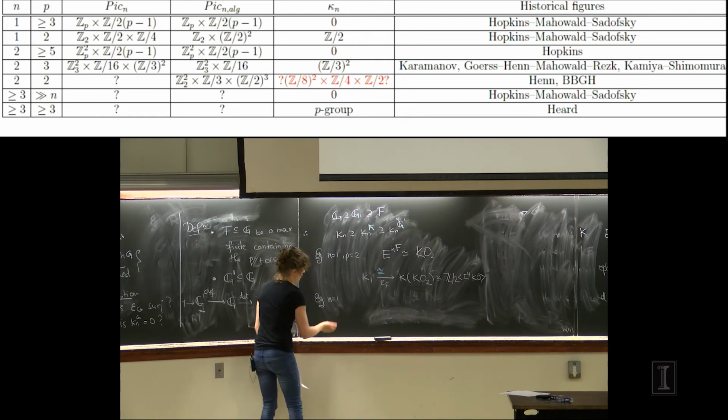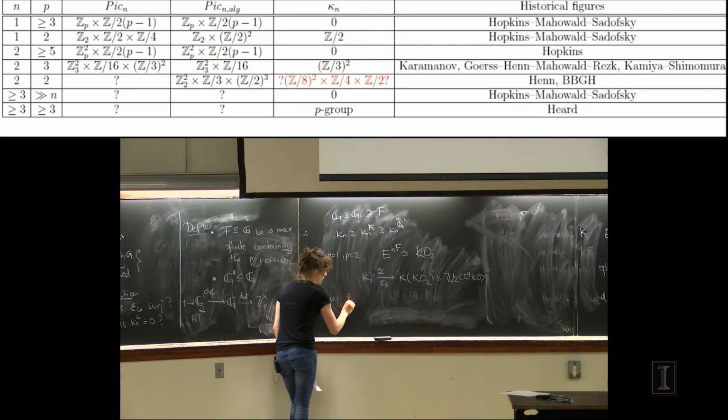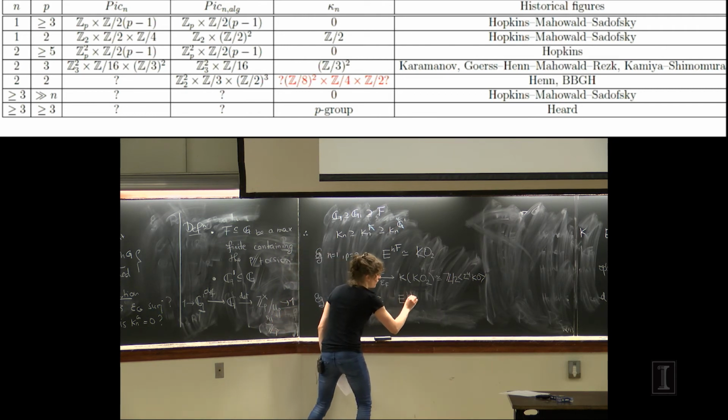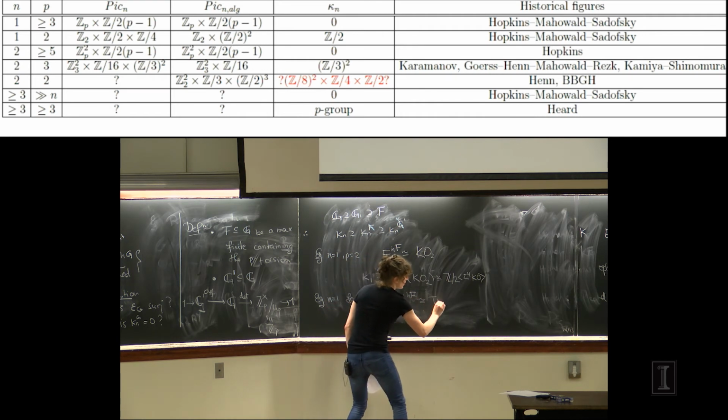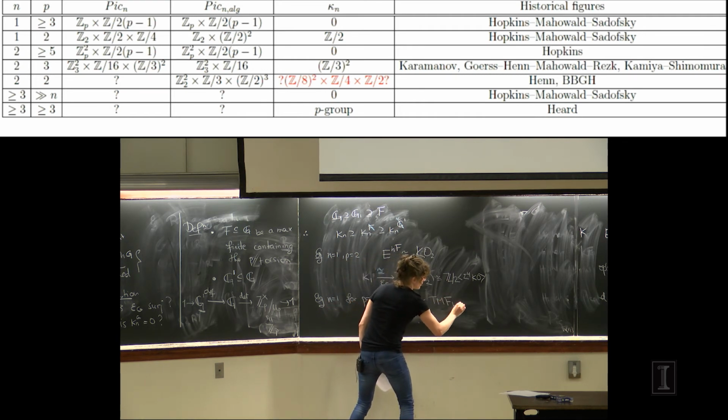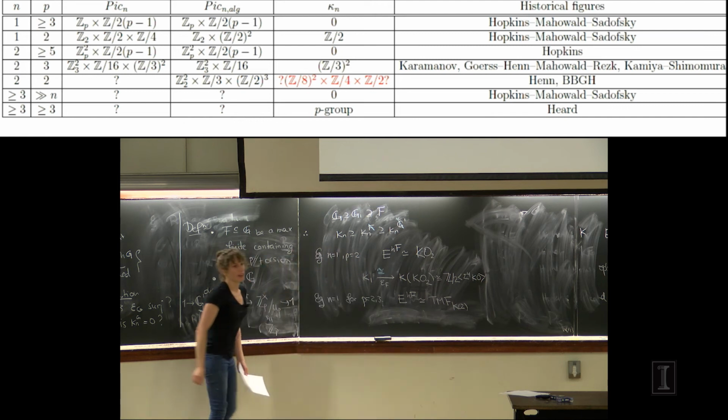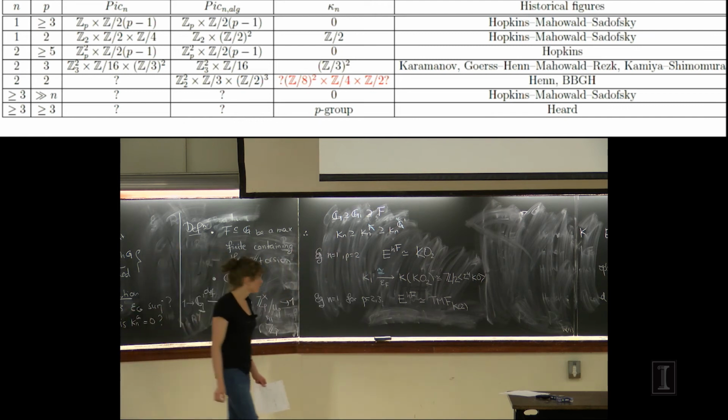Now let's look at n is equal to 2. For both primes, so for p is equal to 2 and 3, if you look at EHF, that's just TMF, K2 localized.